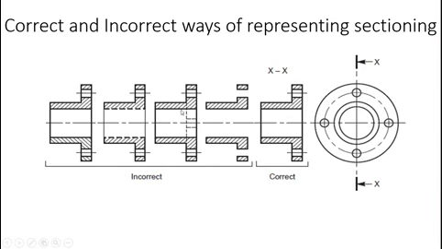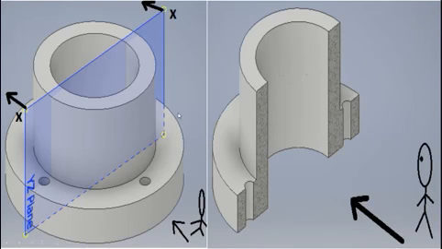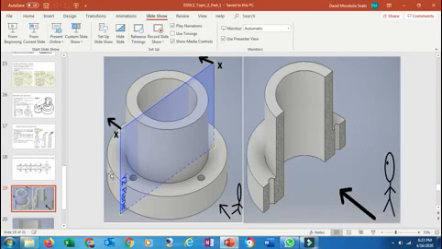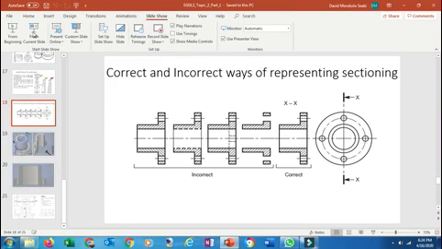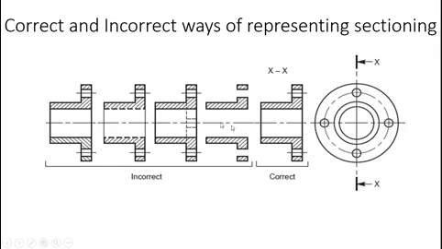Okay, moving on to the third one from the left. We are having all the visible outlines, they are shown here. Now here you are having a dotted line, which is wrong.